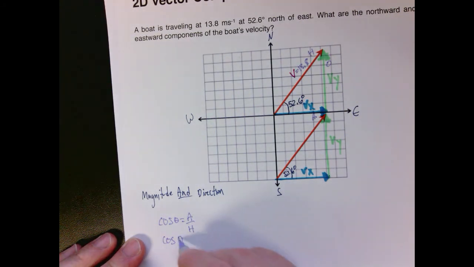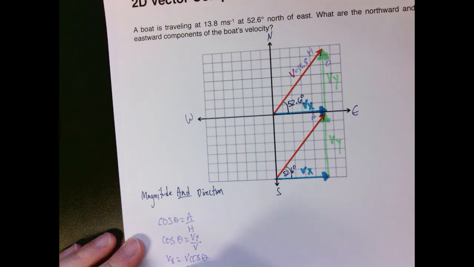Cosine of theta is Vx over V, and Vx then is V cosine theta. V is 13.8 and theta is 52.6.